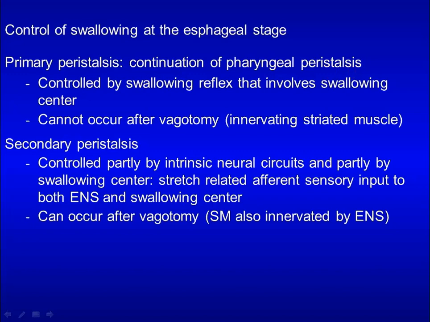It is controlled by the swallowing reflex that involves the swallowing center. It cannot occur after vagotomy. Secondary peristalsis is controlled partly by intrinsic nervous circuits and partly by the swallowing center. It can occur after vagotomy.